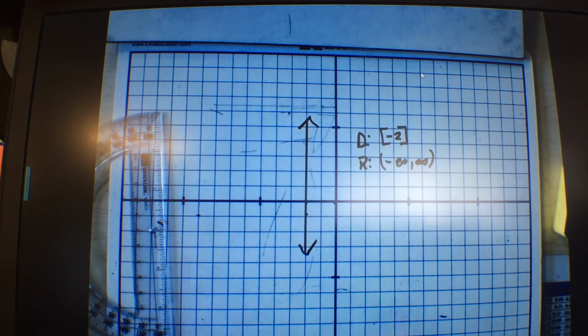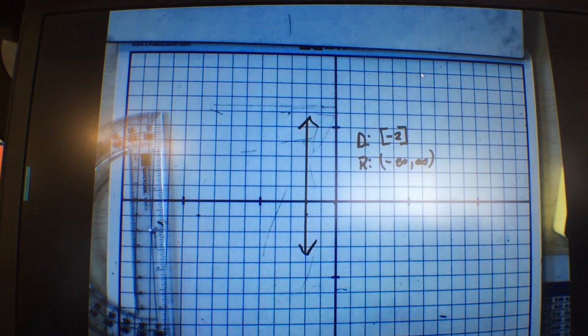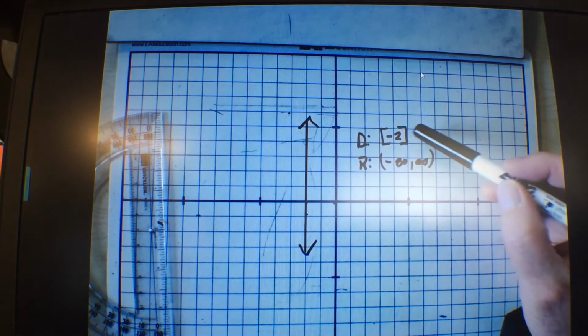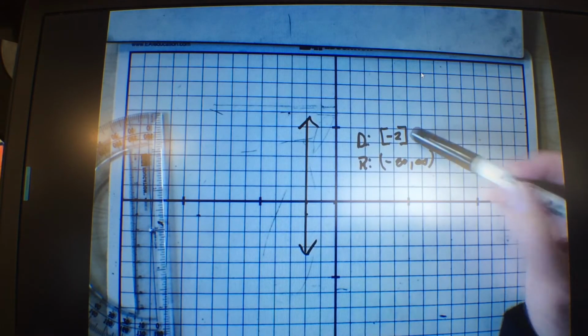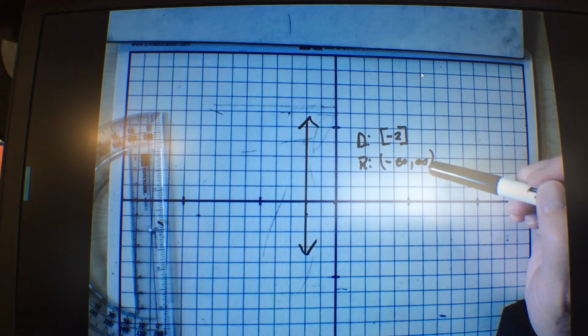Those are infinity. What it says is it goes from negative infinity to infinity. What are the parentheses? The parentheses say we don't touch it. Brackets say we touch it. Can you touch negative infinity? No. Can you touch infinity? No. Okay?